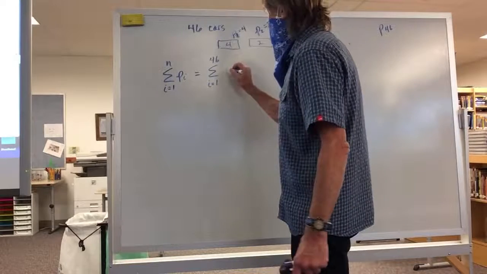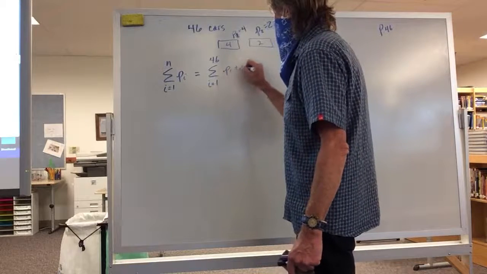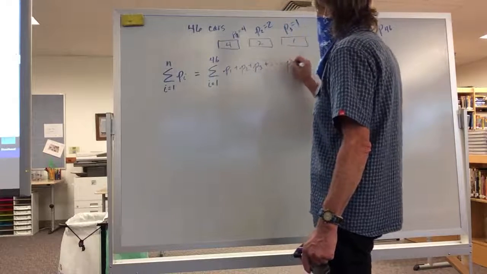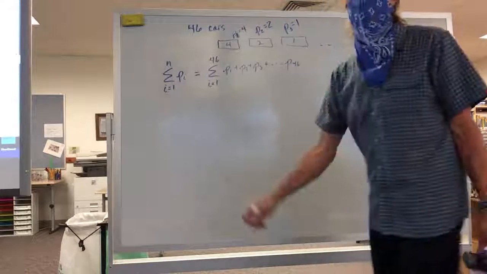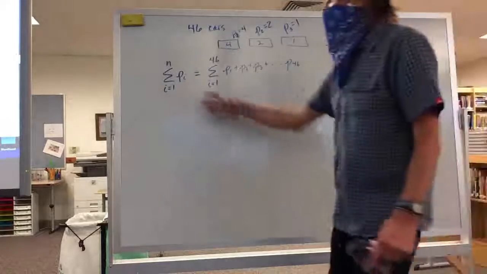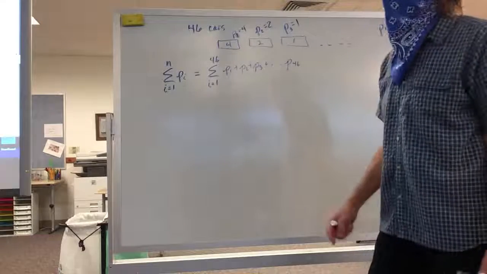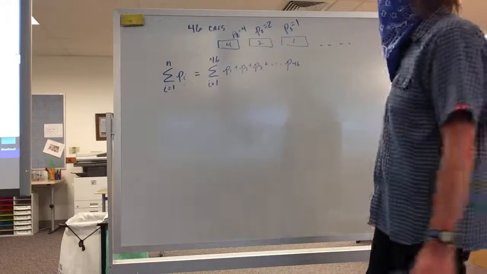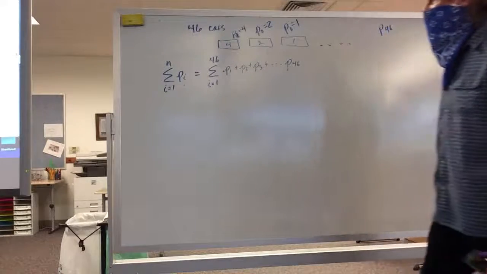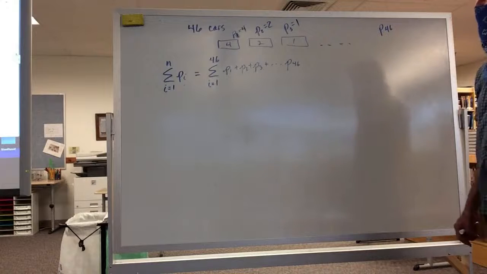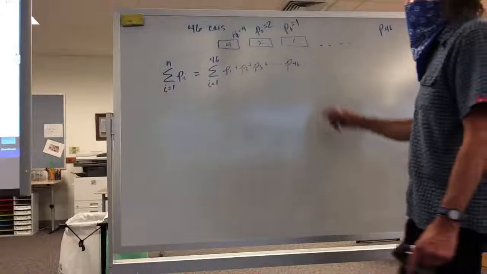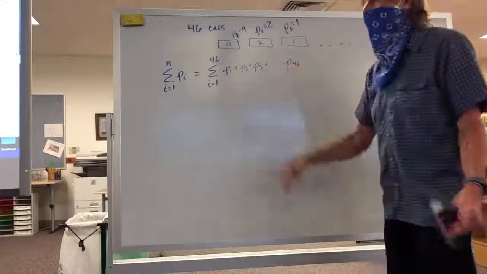So we have p sub 1 plus p sub 2 plus p sub 3, all the way till we get to p sub 46. So this notation means this right here. If you wanted to know the number of people that were in the 41st car, that would be represented with p sub 41.